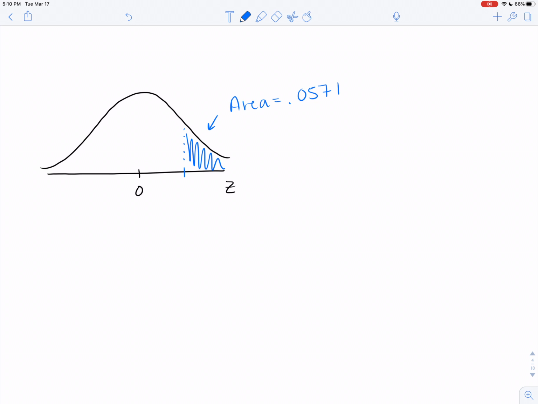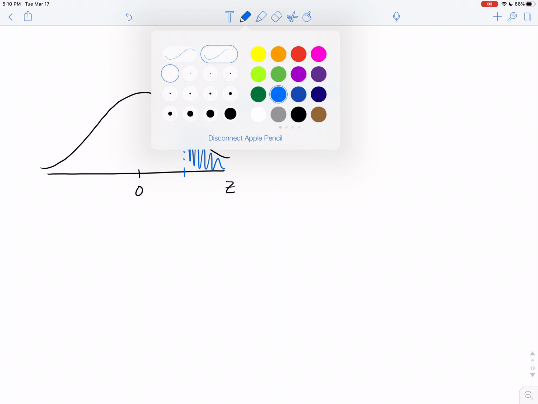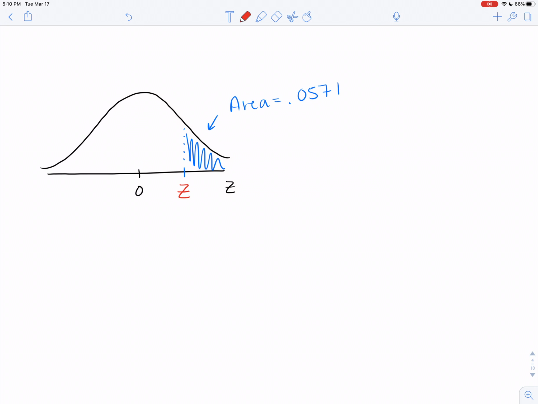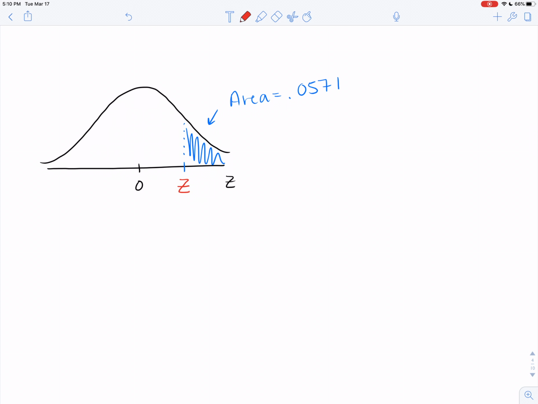All right, so this is my question, and I'm trying to figure out what z-score would correspond. So the first thing I'm going to do when I'm given an area to the right is I'm going to switch it around and make it an area to the left by subtracting that area to the right from 1.